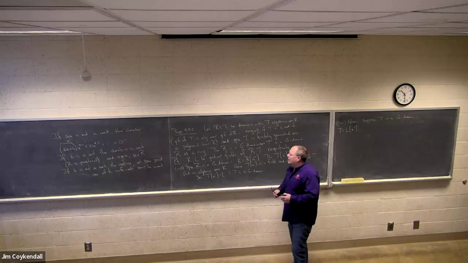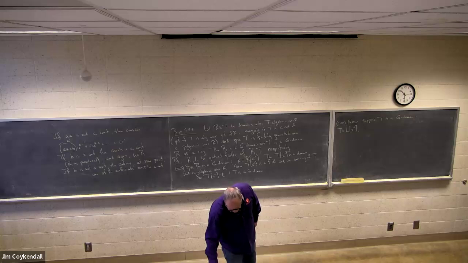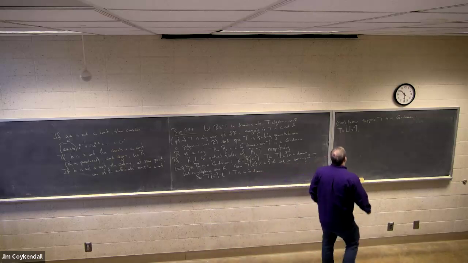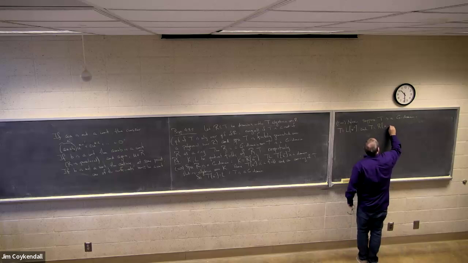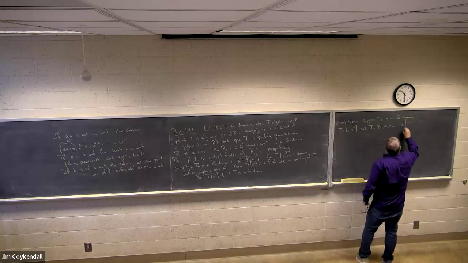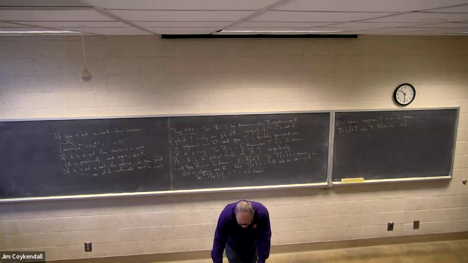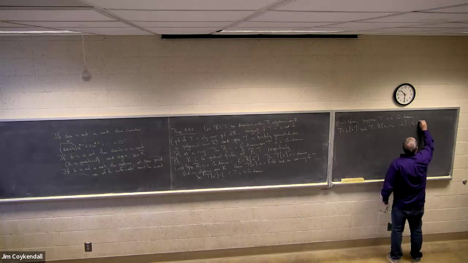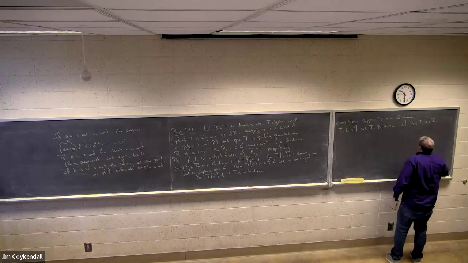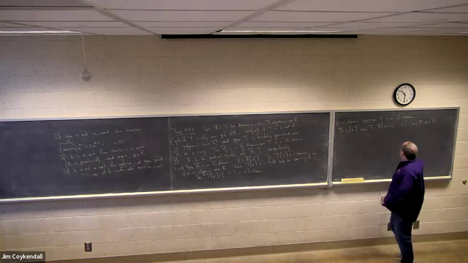And what else do we have at our disposal to use? We have that T is finitely generated over R as a ring, so the generators are in T. They're all in T, right?